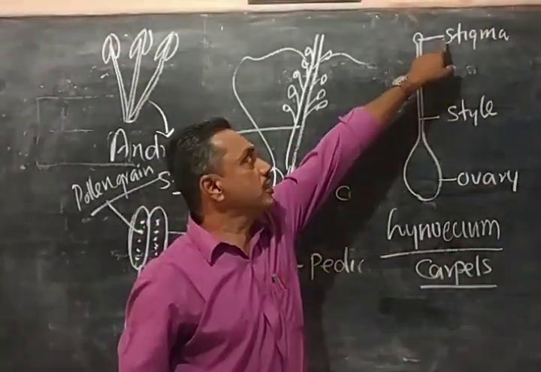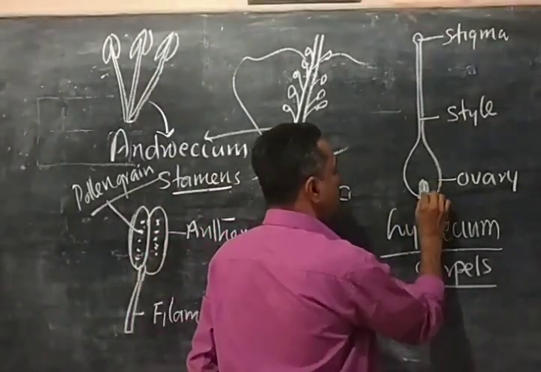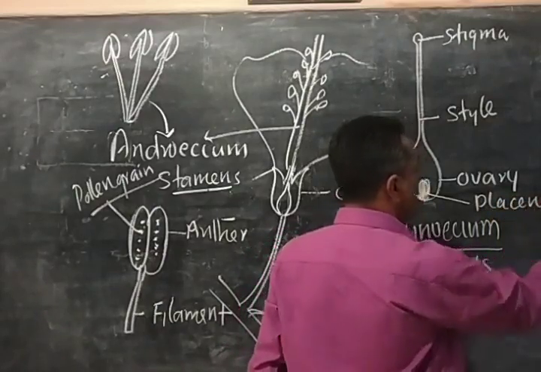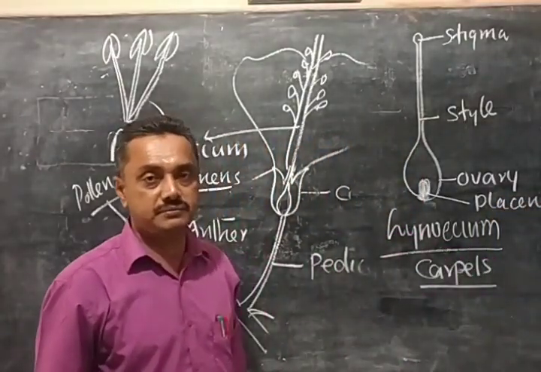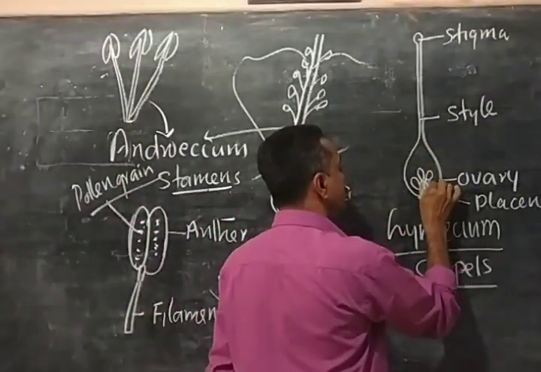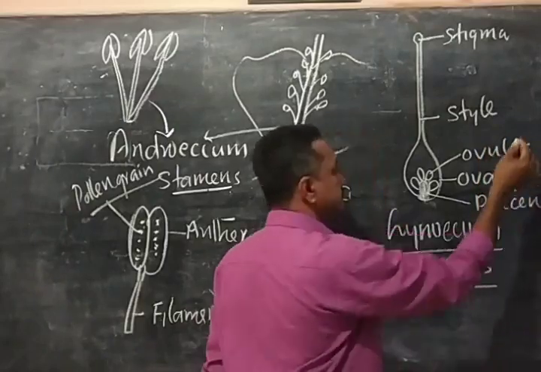Inside the ovary, there is a tissue called placenta. On the placenta, ovules are arranged.